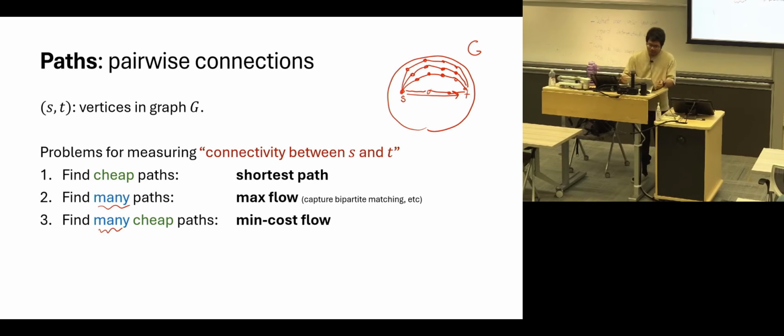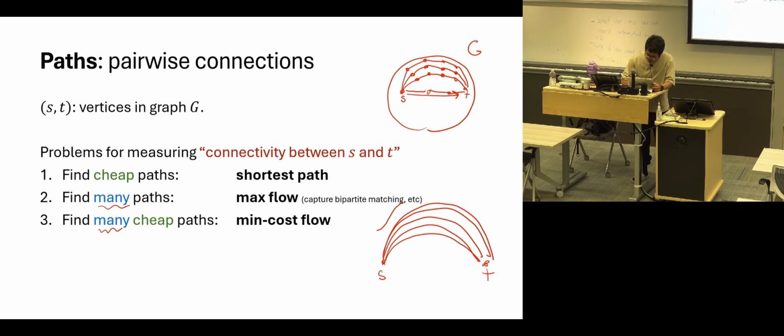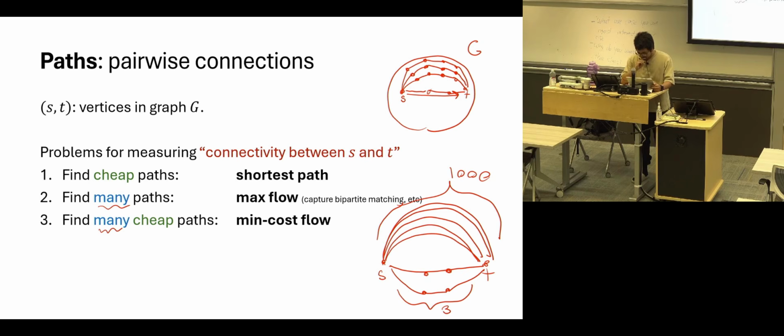For example, S and T might have many paths here, but they are all super long, like let's say 1,000 long. But you might have another set of paths here that are just length 3. Maybe the better way is to find this set of paths instead.